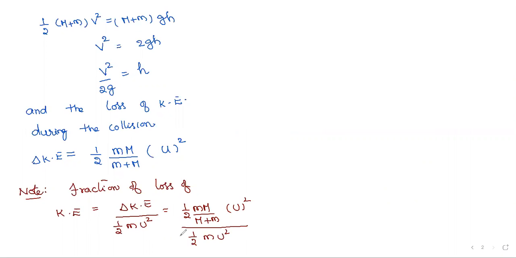So half cancels, small m cancels, u square cancels. So the answer here, the fraction, is equal to, the leftover terms are capital M by m plus M.